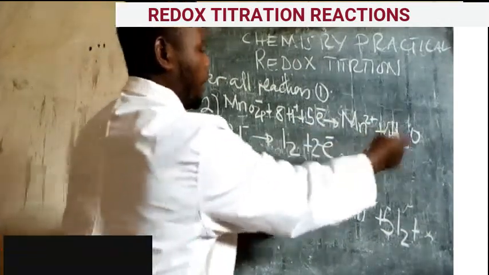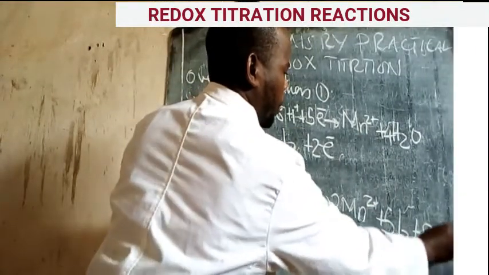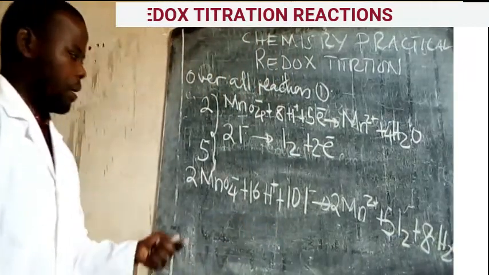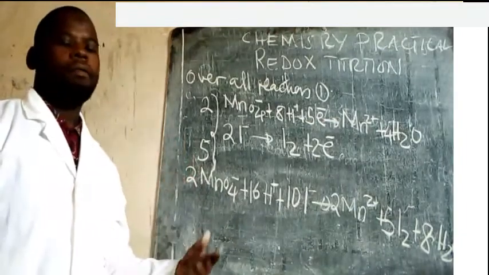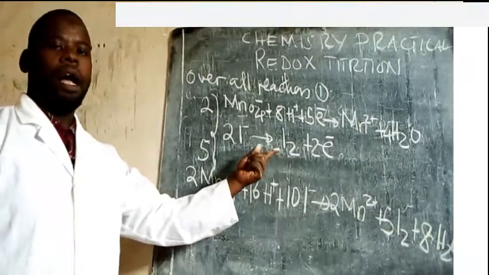So there is still 5, 8 water. That is overall for the first reaction between potassium permanganate and the iodine.